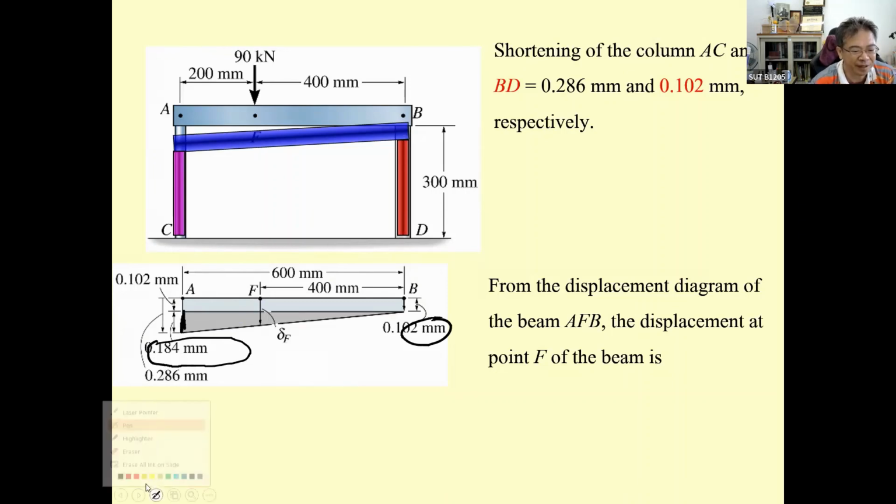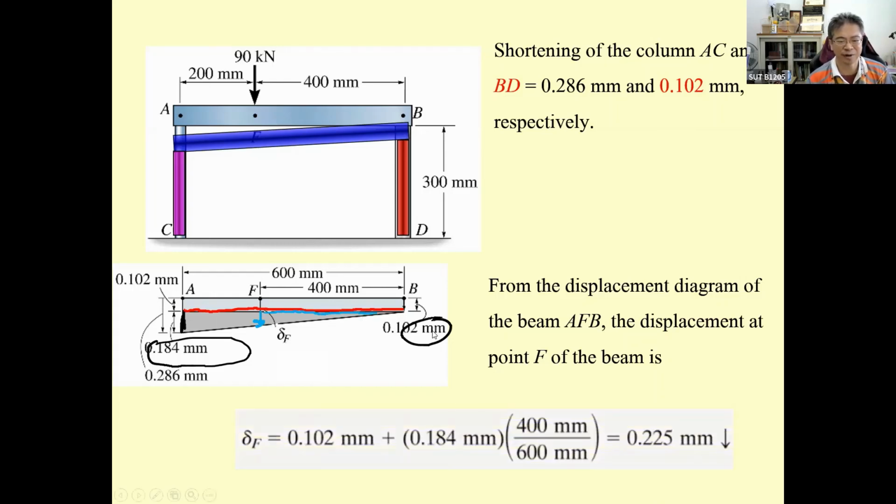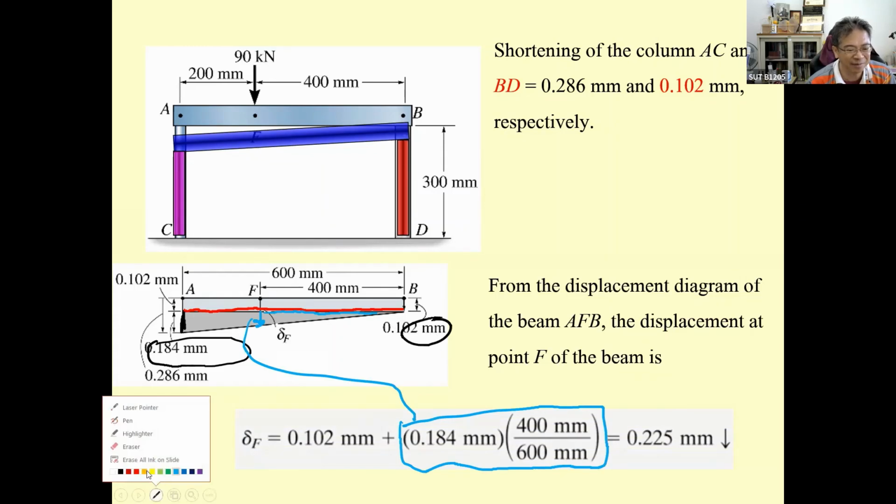And this length must be divided by 600, and it's going to be equal to this length divided by 400. So you get this yellow portion, okay? And then delta sub F also has this portion.